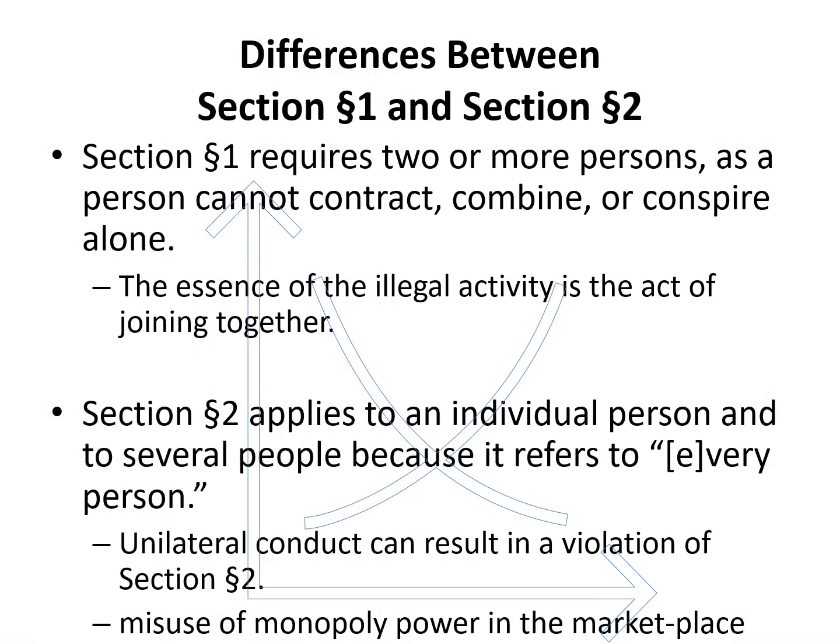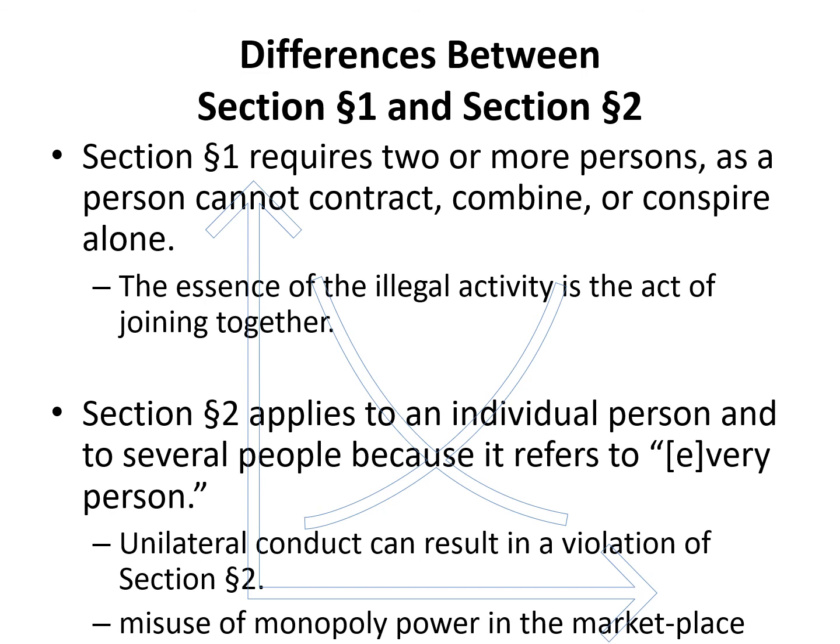So what are the differences between a Section 1 and a Section 2 Sherman violation? Section 1 requires at least two or more people or businesses, because you've got to have at least two in order to contract, combine, or conspire together, right? So what's illegal here is the activity of getting together to manipulate prices.